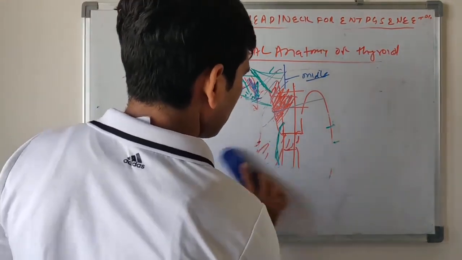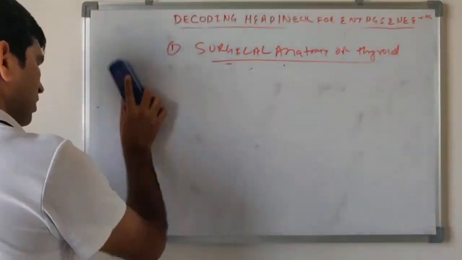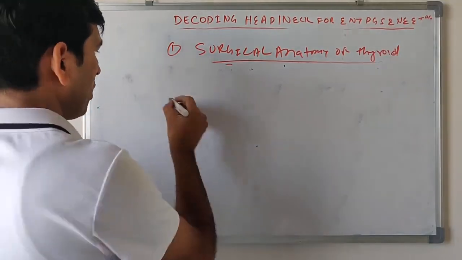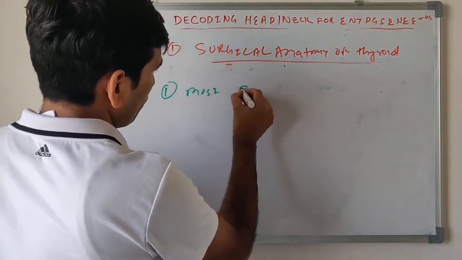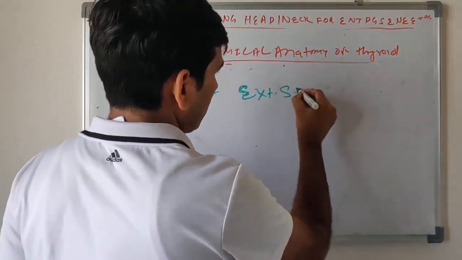If we are operating on the thyroid, mainly the injuries are these. The most common nerve injured is the external branch of the superior laryngeal nerve.